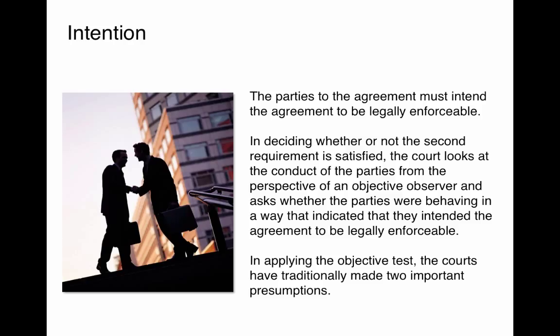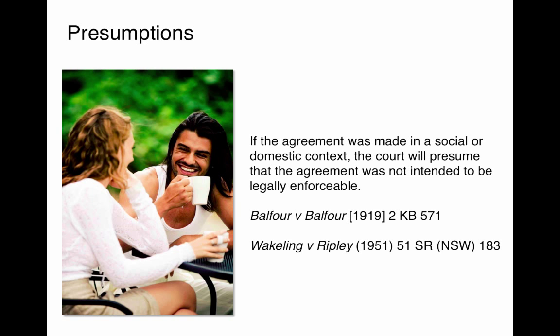In other words, the court imagines if a person was observing the parties at the time they made the agreement, would they think that these people intended their agreement to be legally enforceable, or would they have intended that the agreement be one that was simply a social or domestic or a friendly arrangement that was not intended to be a legally enforceable contract? In applying the objective test, the courts have traditionally made two very important presumptions.